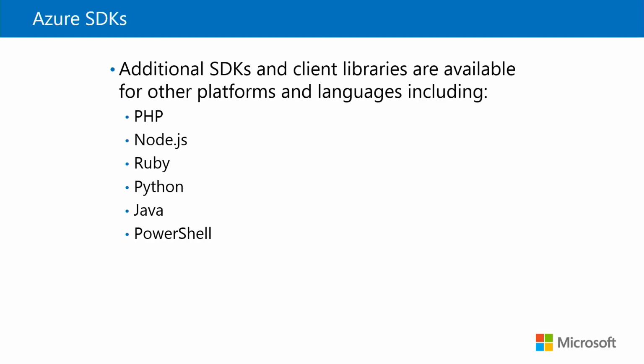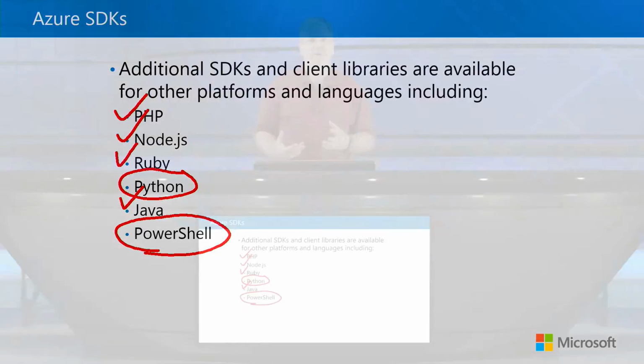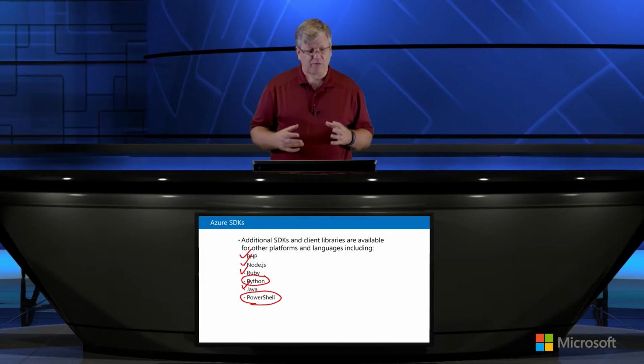In addition to that, there are a number of additional SDKs, and I think this is pretty self-evident. You've got PHP, Node.js, Ruby, my favorite, Python, because I've done some stuff with that, Java, and even PowerShell. Through any of these platforms, and we'll also talk about the cross-platform client tools, which are command line tools that allow you to interact with Azure and script interactions with Azure, you have a wide variety of options.